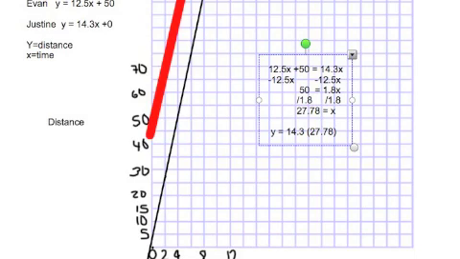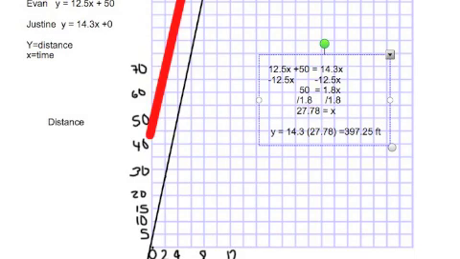So after approximately 397.25 feet, sorry, had to think about the unit there. After about 397.25 feet, Justine will surpass Evan.